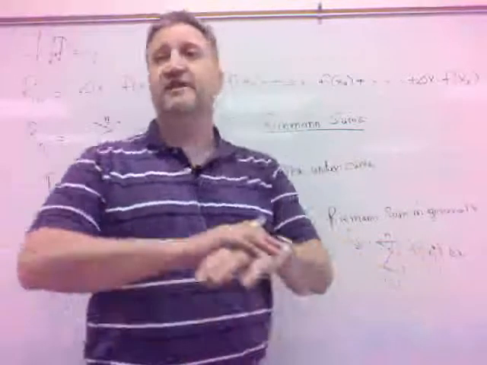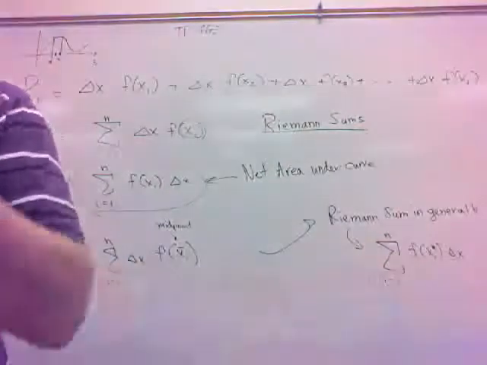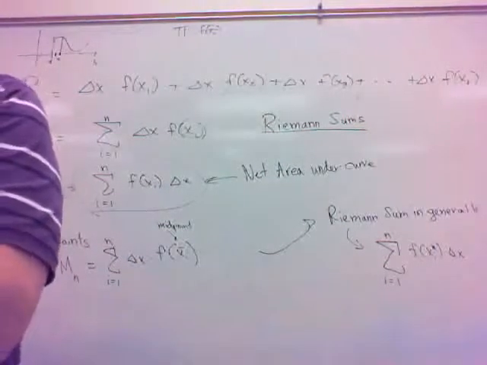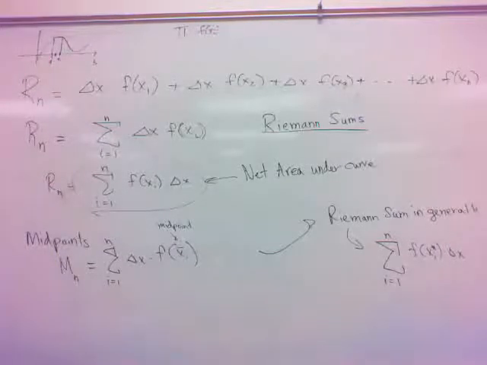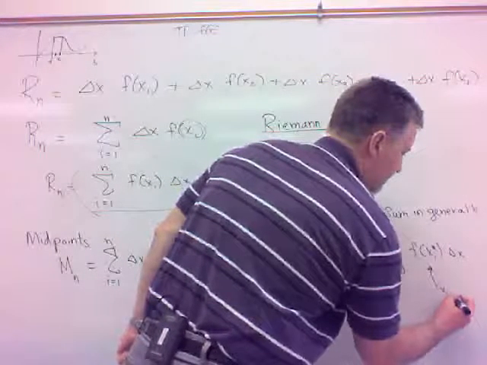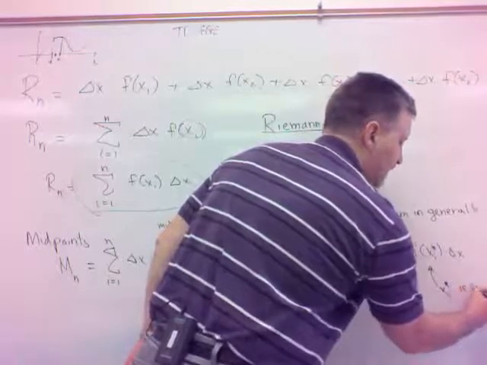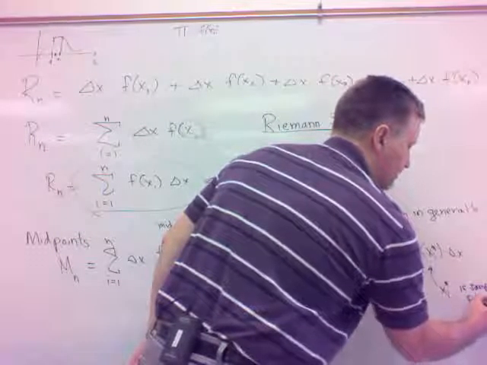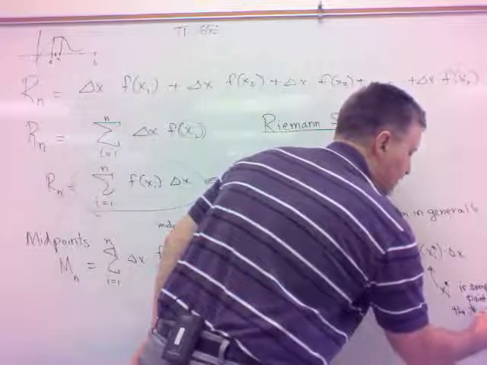The star just indicates use whatever you want. We could use 3/4 points. That'd be fun, right? Do the 3/4 point in each interval. May not be that fun, but if you found the first one, then you just add delta x for the rest of them, so it wouldn't be that bad. But anyway, x sub i star is just a general notation for a sample point in the ith interval. Okay?